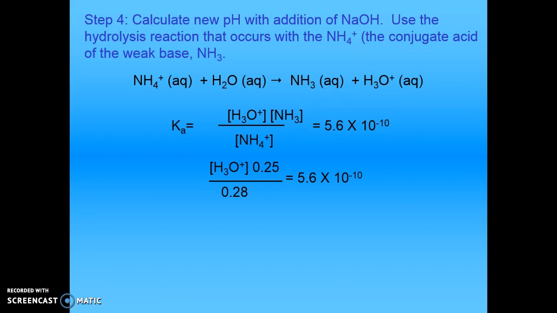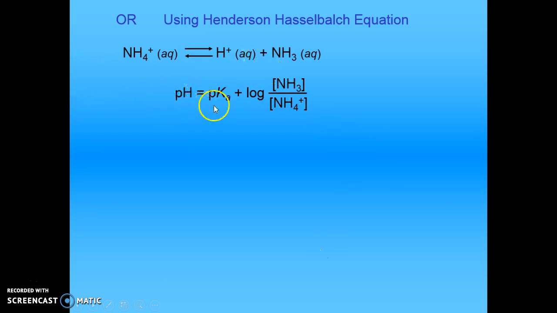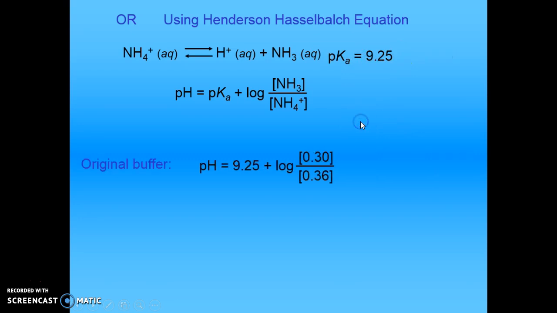So that gives me a way to figure out the H plus concentration. And so I solve for H plus and I get that, and then convert it to pH. I get 9.20. Again, I can use Henderson-Hasselbalch. The pH equals the pKa plus the log of the two ion ratios. pKa is 9.25.